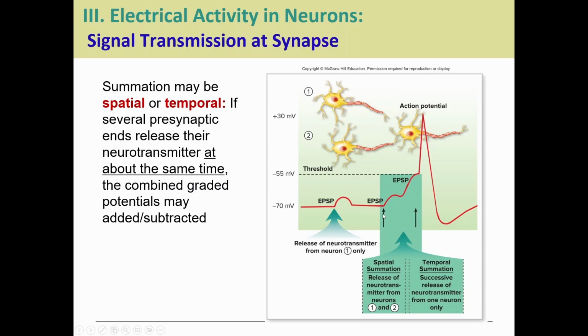Over here, we have the release from 1 and 2. Or we have the successive release of neurotransmitters from one neuron, but they're still there, and we release more. So basically spatial is you're getting it from more than one neuron. Temporal is one neuron releasing neurotransmitters and then releasing them again. So it's one neuron working as two in the form of temporal summation.